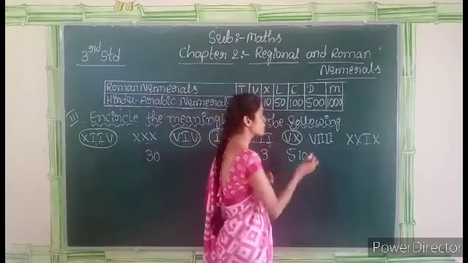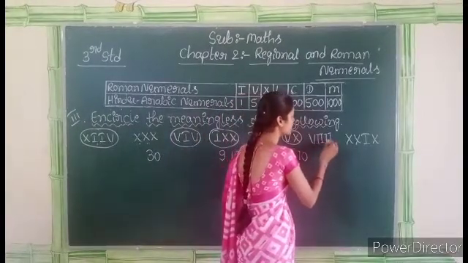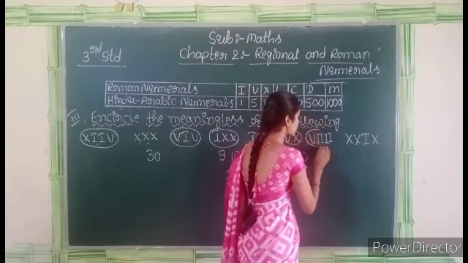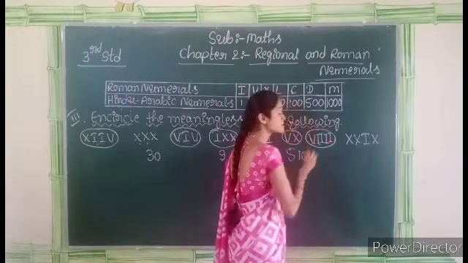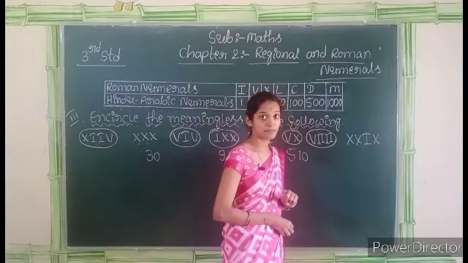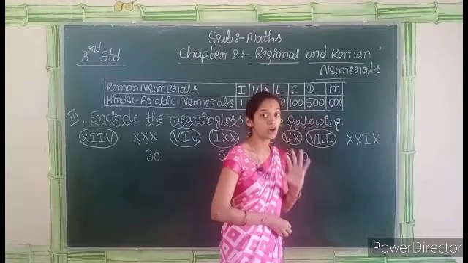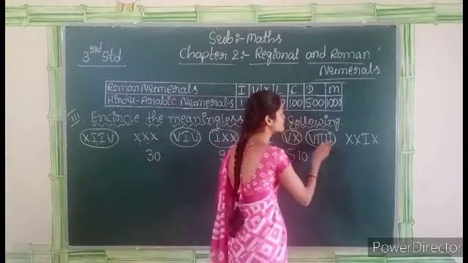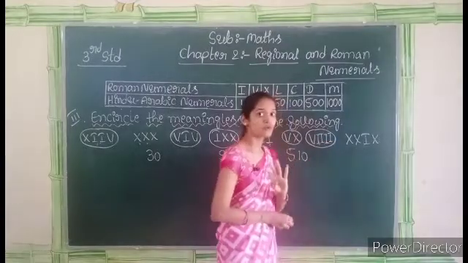Here, IIIII. This is meaningless. Why? Because I cannot be repeated more than 3 times. I and X cannot be repeated more than 3 times. Here I is repeated up to 4 times.